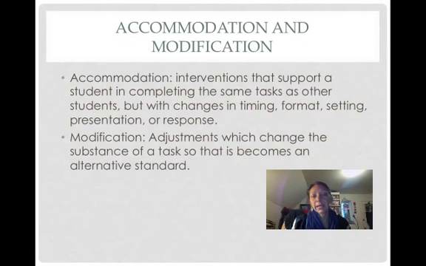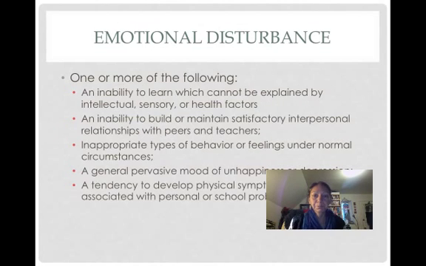So you're actually creating modifications to what they're expected to do, versus an accommodation where you're expecting them to do the same thing as everyone else, but you're supporting them in being able to accomplish that task. So that's just an important distinction. So remember, 504s, accommodations; special education, both accommodations and modifications.